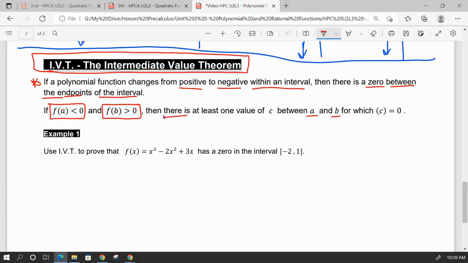Then there is at least one value of c between a and b for which f of c equals 0. So there has to be a 0 or an x-intercept in between those two values of a and b.